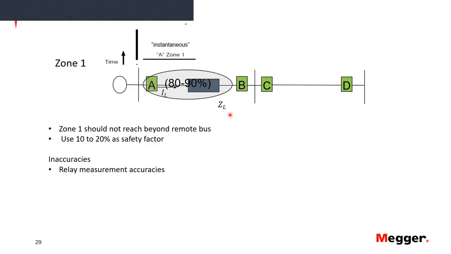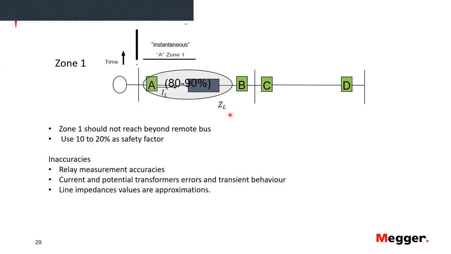And of course, we have the inaccuracies that we just mentioned, which are the relay measurement inaccuracies, because the relay itself can be inaccurate, current and potential transformer errors, and transient behavior. Line impedance values can also be erroneously calculated. There is always some sort of error when we estimate the line. The line changes a little bit over time.